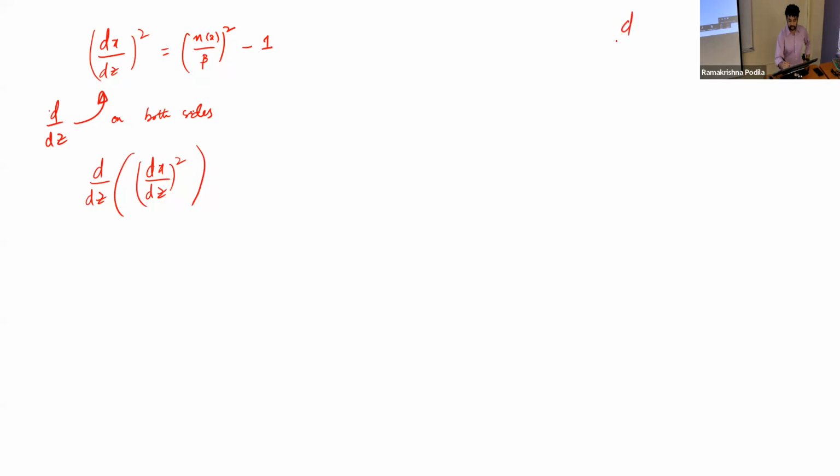What is d by dx of x squared? That would be 2x, right? So this would be 2 dx by dz, but then this is also a function of z. Dx by dz is also a function of z, so you have to differentiate it again, right?